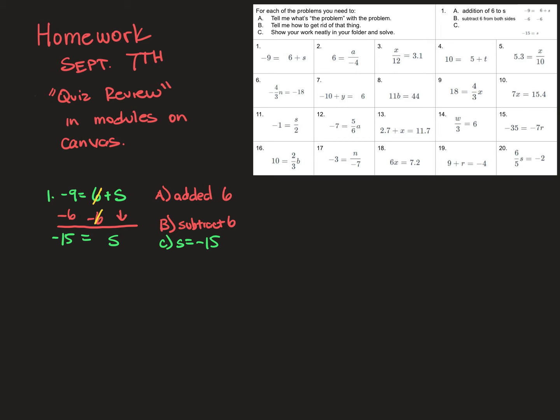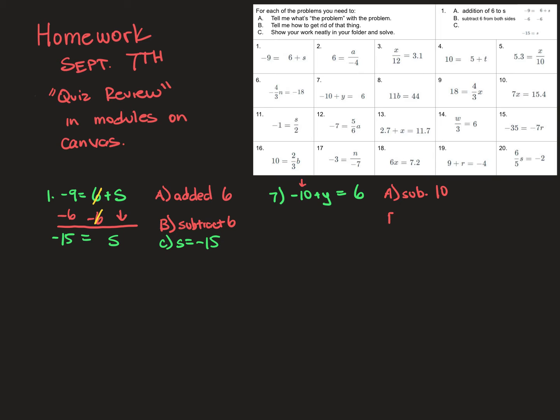Let's look for a subtraction one where they've actually subtracted a number from it. Okay, I'll look at number 7. -10 plus y equals 6. Now, what's the actual problem? We want y all by itself, but on this side, they've subtracted 10. So the actual problem is that they subtracted 10.